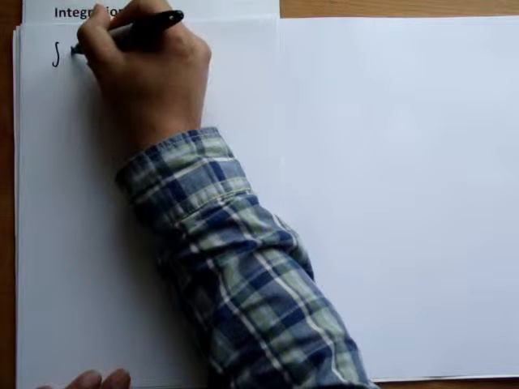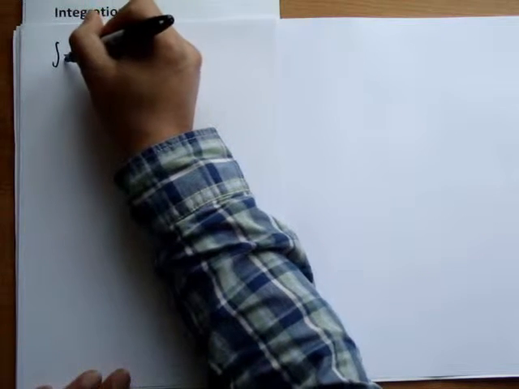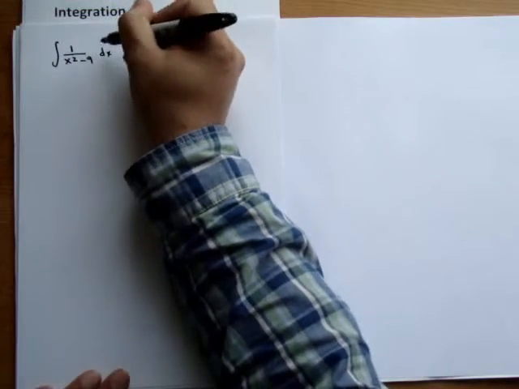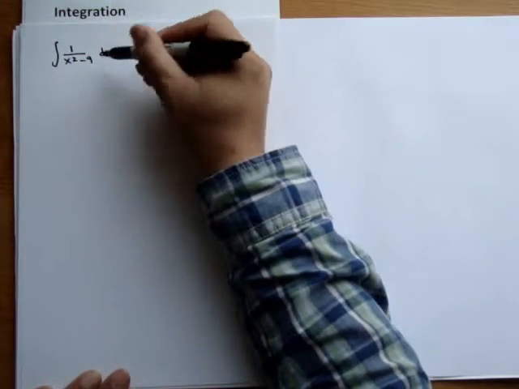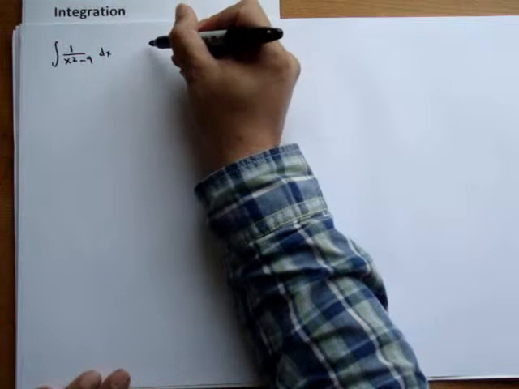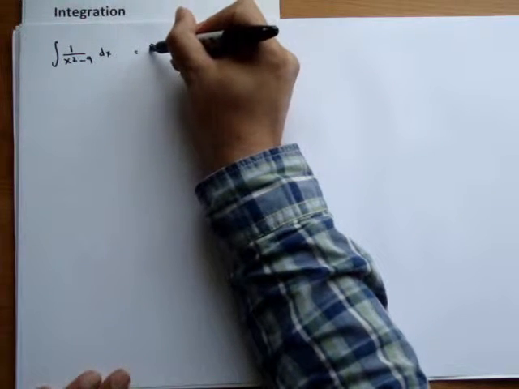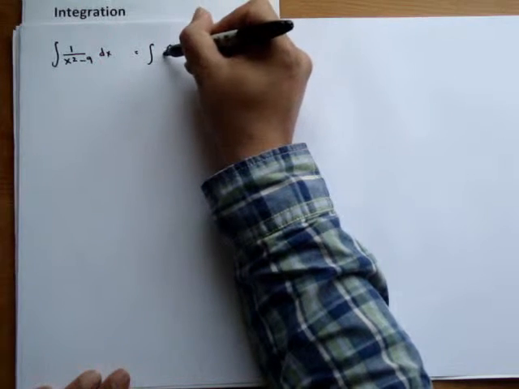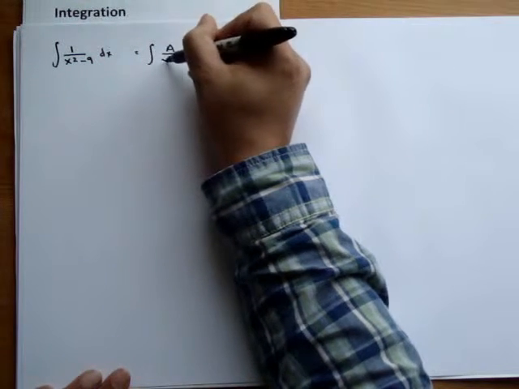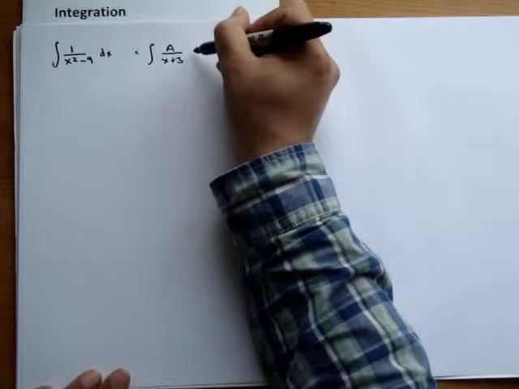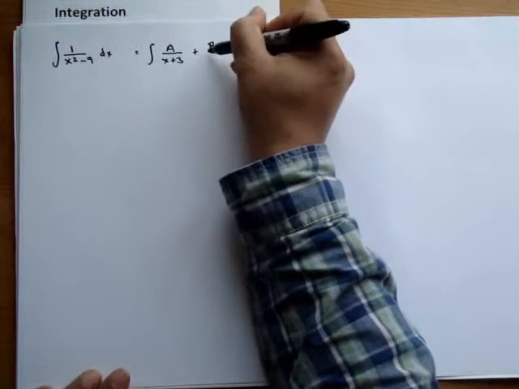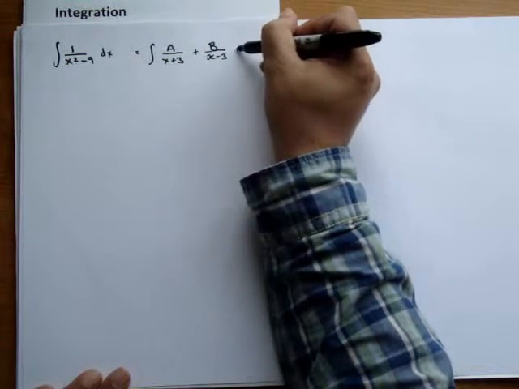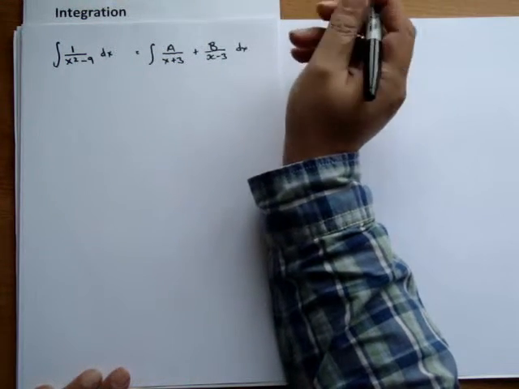Integral of 1 over x squared minus 9 dx is a difference of 2 squares, so this then becomes the integral of A over x plus 3 plus B over x minus 3 dx.